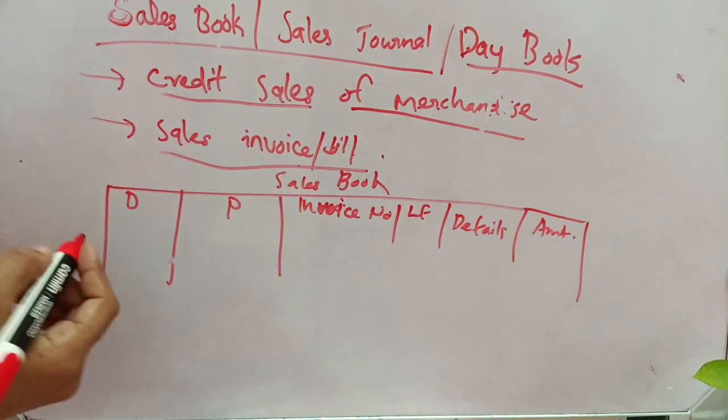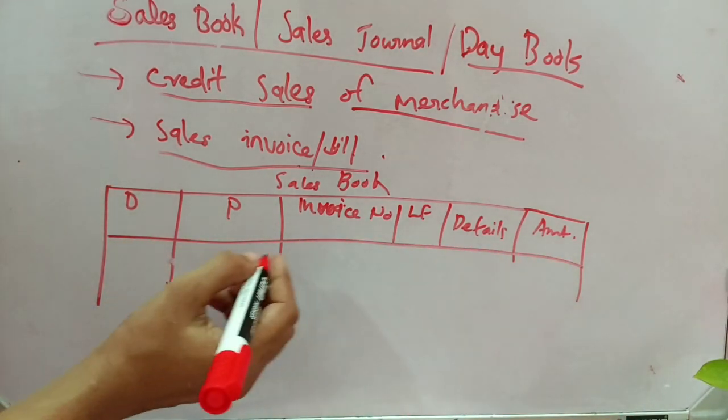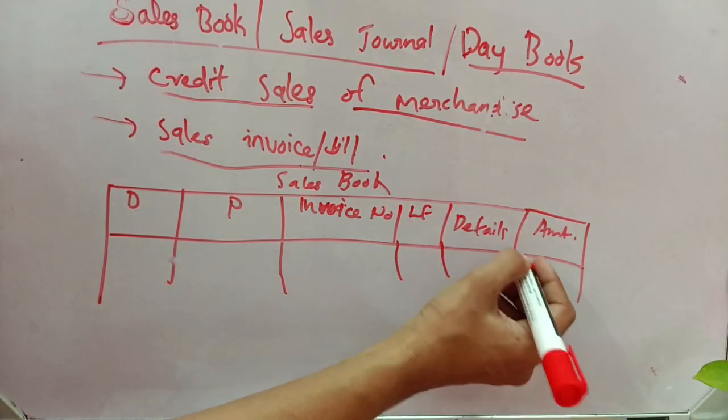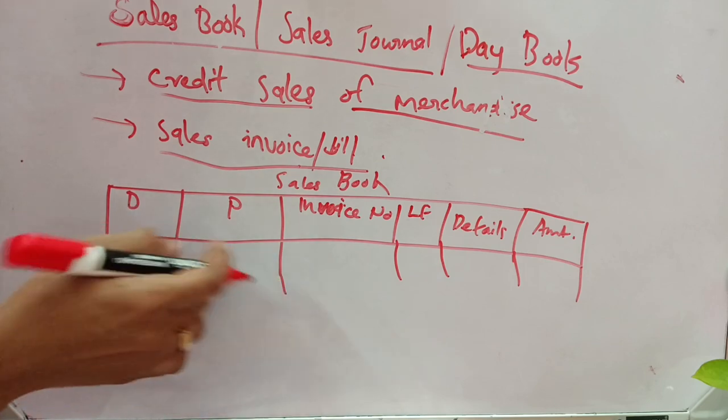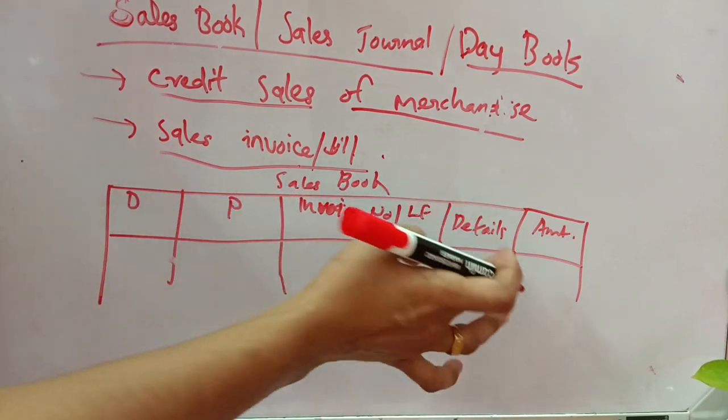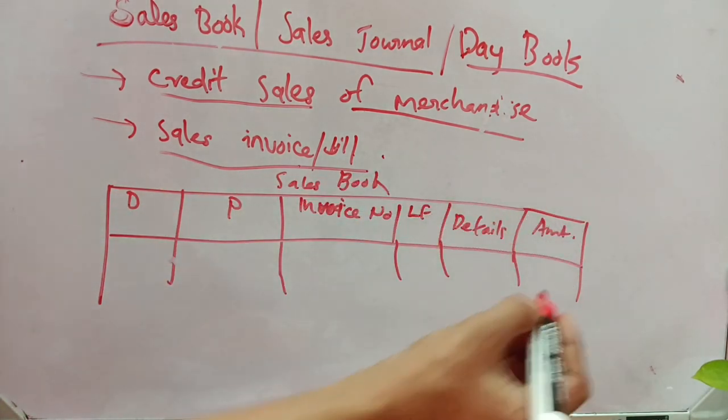This is the format of a sales day book, same as the purchase book. The columns are the same: date, particulars, invoice number, ledger folio, details and amount.